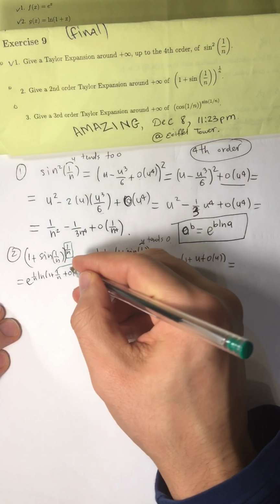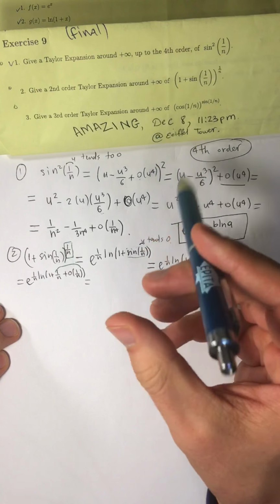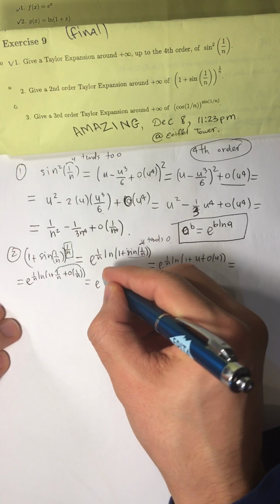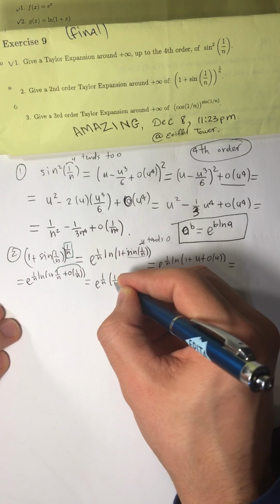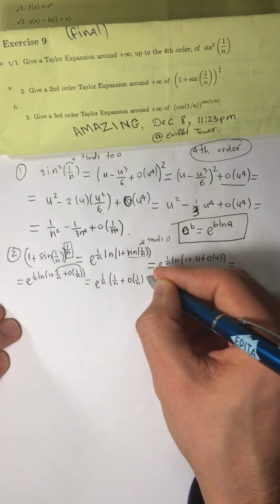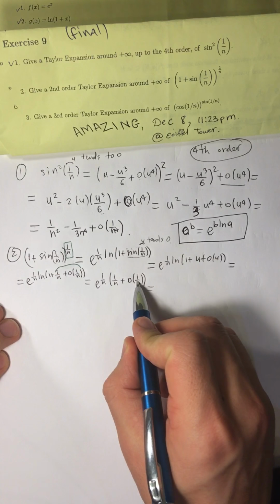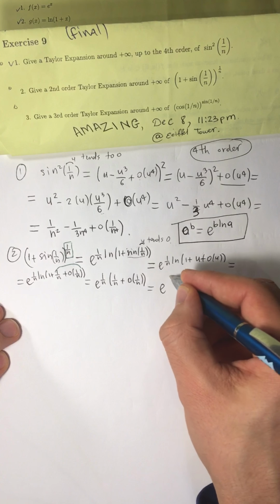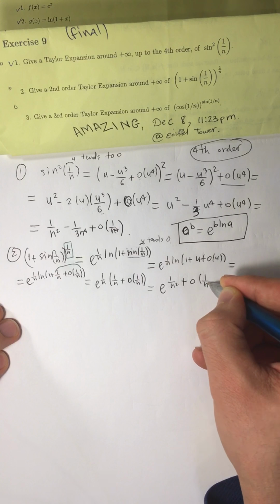Because this u tends to 0, we can use the formula. So e to the 1 over n is 1 over n plus O(1 over n), because when I multiply, I'm going to have O(n square), e to the 1 over n square plus O(1 over n square).